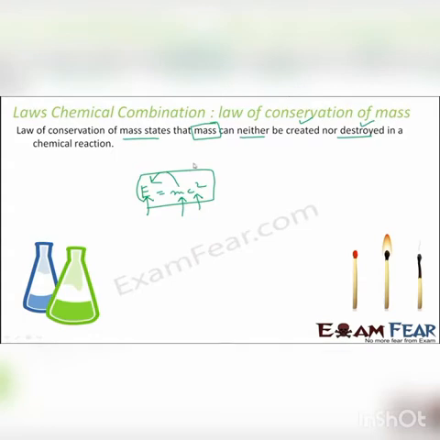Right? You can just ignore this part as of now, not required for this standard. Just understand law of conservation of mass says that mass can neither be created nor can be destroyed. Weight of reactant will always be equal to the weight of product in any chemical reaction. You take a matchstick, you burn it, weight of this is X, weight of this will also be X.